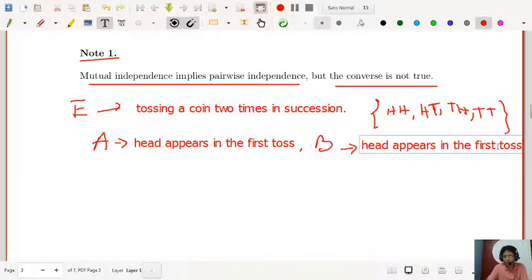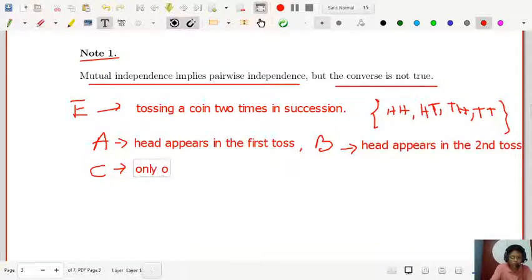And let C be the event that only one head appears. Okay, so these are the events. A is the head appears in the first toss, B is head appears in the second toss, and C is the event that only one head appears.